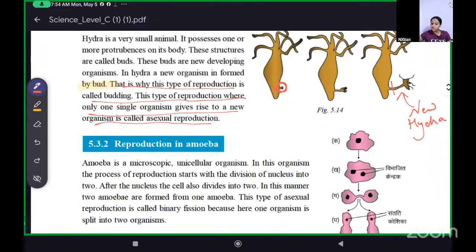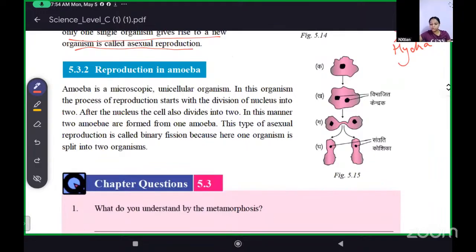Similarly in amoeba also, through its own body, another organism is formed. Amoeba is unicellular, which means it has only one cell. Now, what does this amoeba do to reproduce, to make more amoeba?